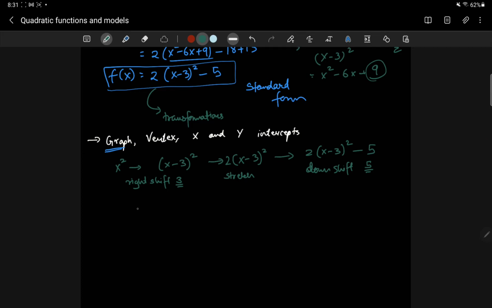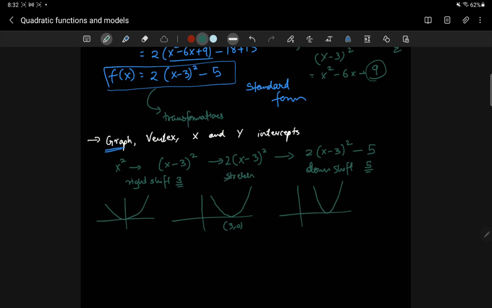So that means if you start with x squared, you move it to the right, so this is 3 comma 0, you stretch it out, actually this should be a shrink because you're making the output twice as big, right?